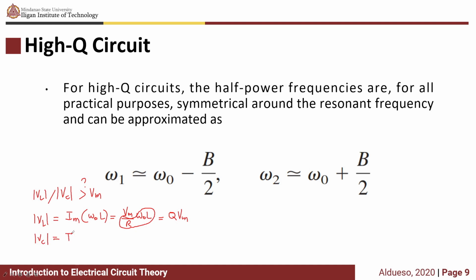We have Im times the reactance 1 over omega C. Again, we can express Im in terms of Vm over R, so 1 over omega naught RC is just equivalent to Q, giving Q Vm. We notice that the magnitude of VL is just equivalent to Vm multiplied by a factor Q. So VL and Vc can be greater than Vm.